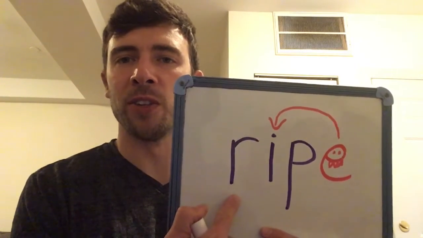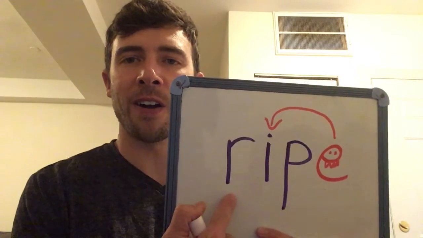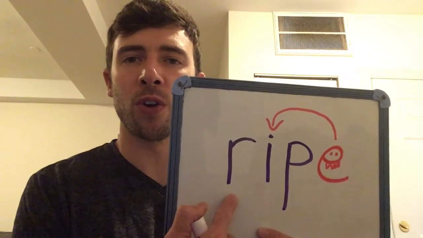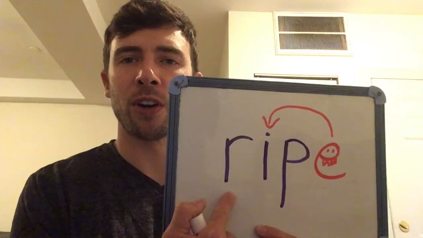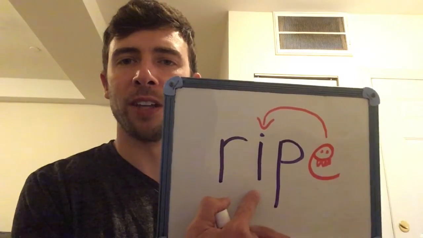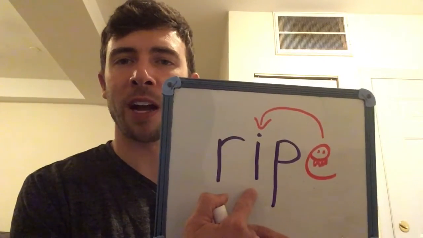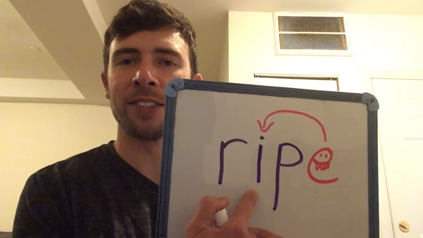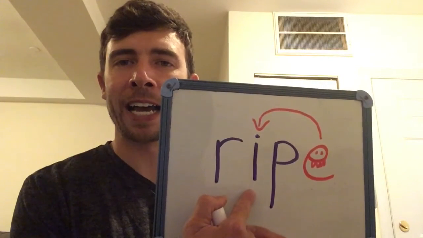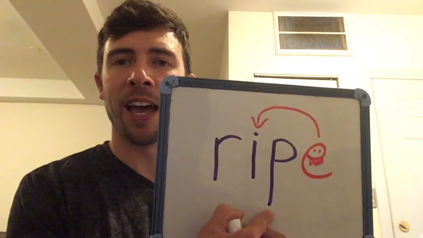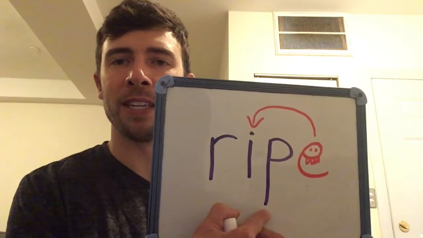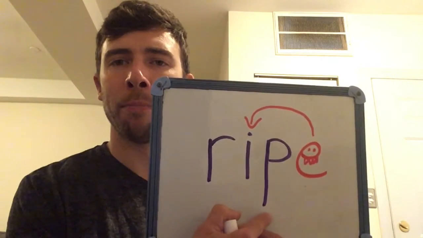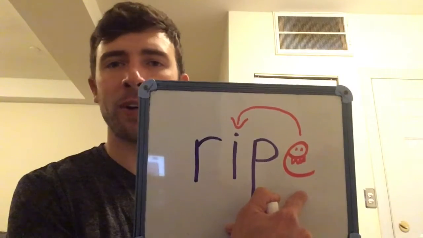The first letter in this word is the letter R, and it sounds like R. Our second letter is this I that's getting bossed around, and it's getting bossed around into saying its name. So it will sound like I. And our third letter is P, just like our last word. P. Our E is not going to make a separate sound.